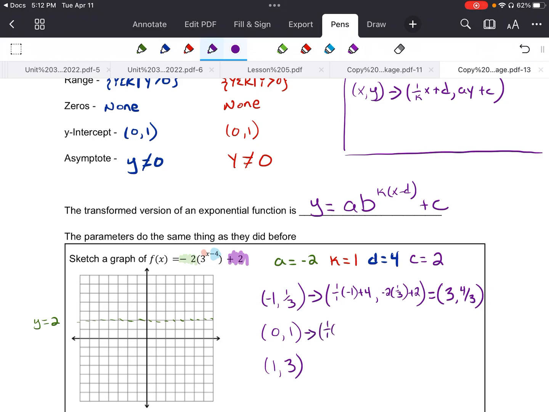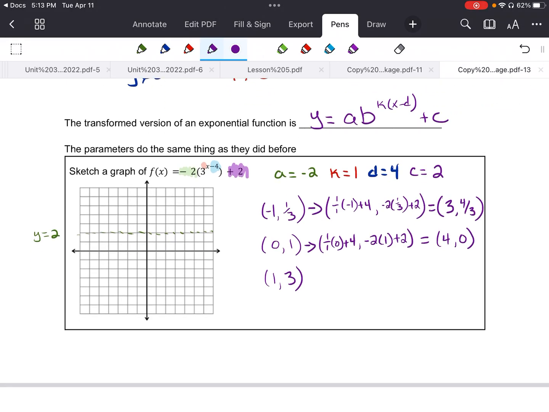Okay, 1 over 1 times 0 plus 4, and we have -2 times 1 plus 2, and that will give us a point of 4, 0. And finally, our third key point, we have 1 over 1 times 1 plus 4, and -2 times 3 plus 2, which gives us 5, -4.